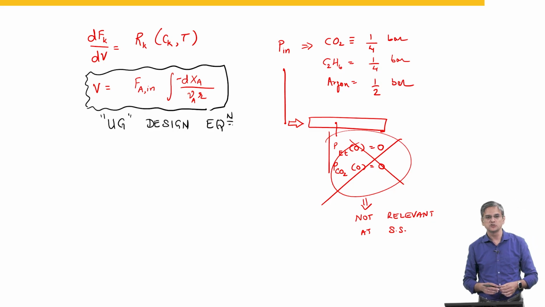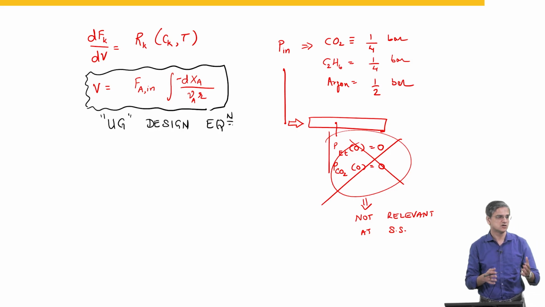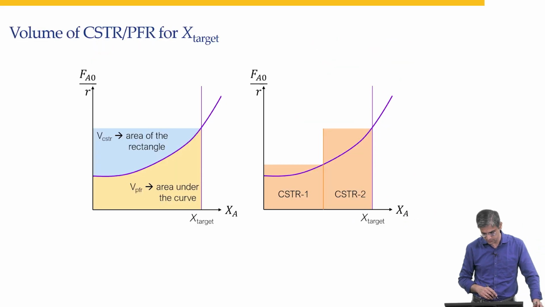So, if I want to choose between catalyst A, catalyst B and catalyst C, this particular way of thinking would be very valuable in addition to your numerical work. Okay. What is that graphical way?